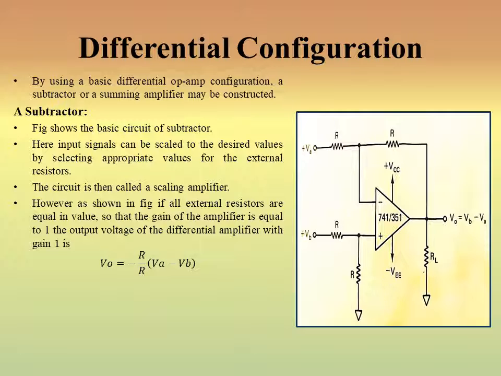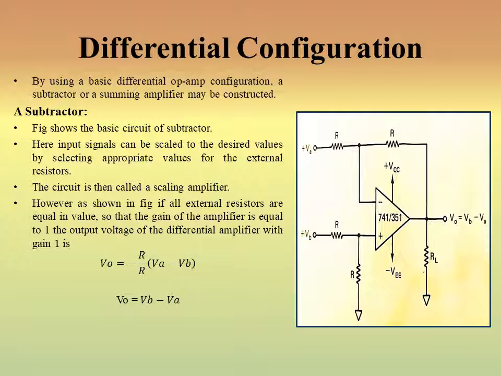VA minus VB is simply the two input voltages provided at the inverting and non-inverting ends. Now simplifying it, we get the output voltage as simply VB minus VA.